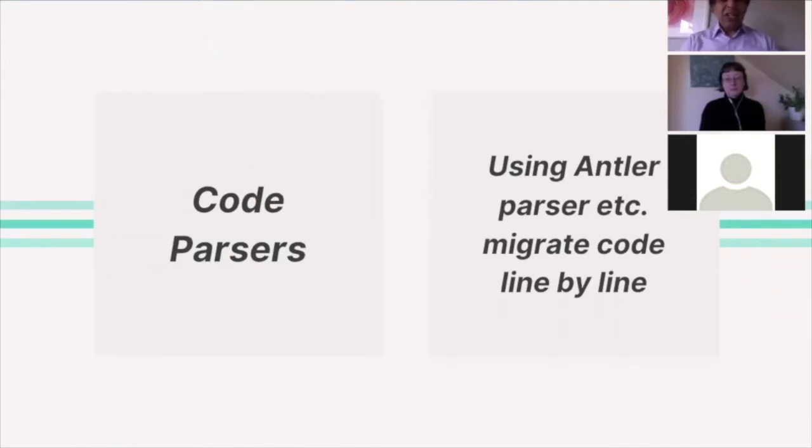So, we'll move on to the second option, which is code parsers. In the last 2 decades, there has been an evolution of technologies like open source technologies such as ANTLR. They have successfully managed to incorporate most of the COBOL, PL/1, RPG toolsets and language features so that they can be migrated line by line into Java.